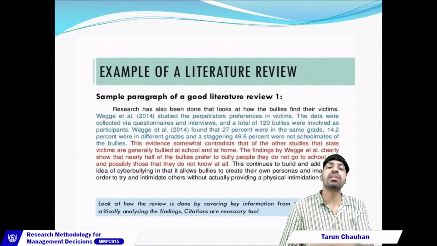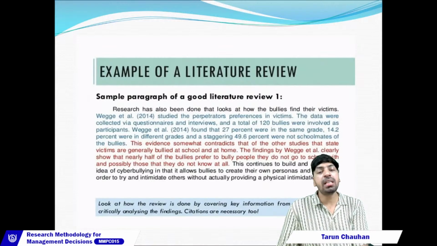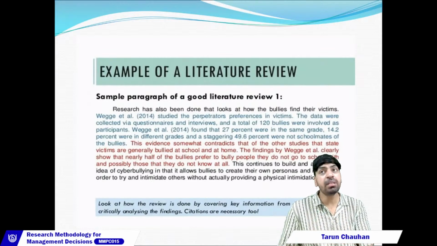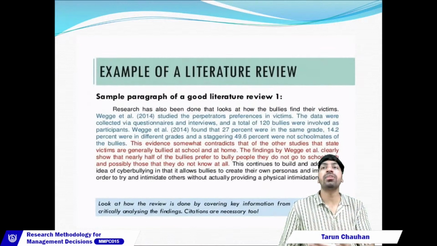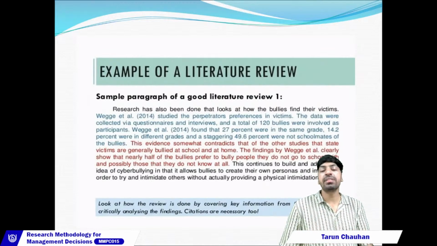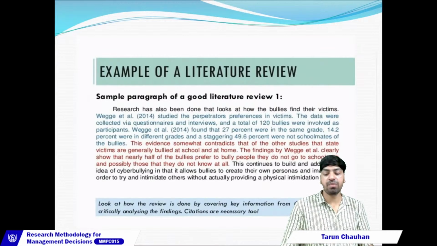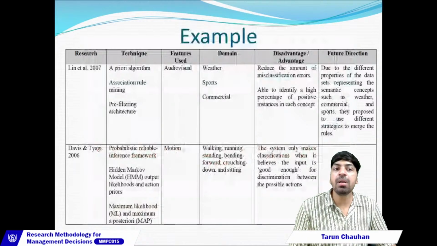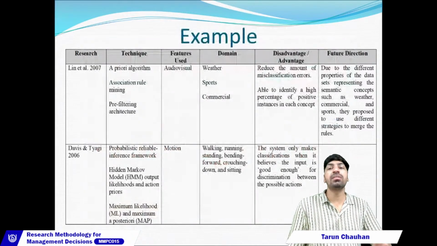If the first author is Vegi et al 2014, the number is 1. If I say Robbie Albert, we can say 2 or 3, and accordingly we number them in the bibliography or in the reference list as well.